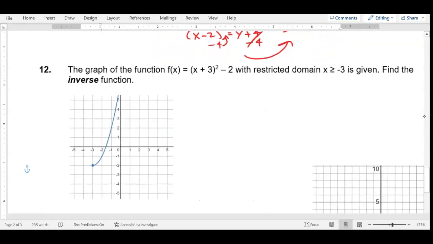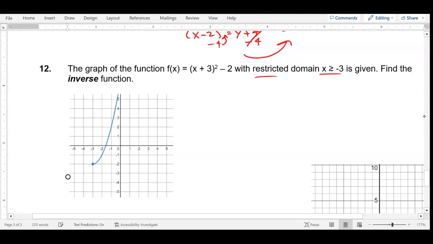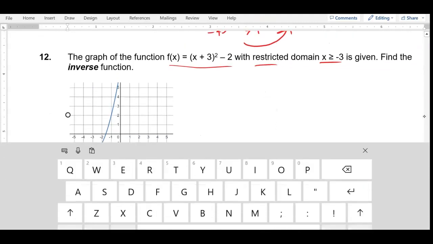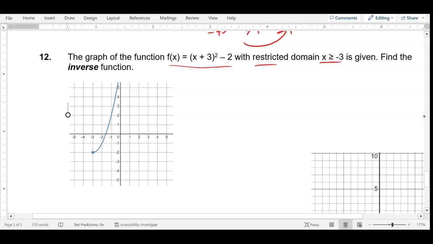Number 12, graph the function with restricted domain, and we want to find the inverse function. So we have this graph, already graphed. Remember, you can take this function and make a little table: -3, -2, -2, -1, -1, 2.